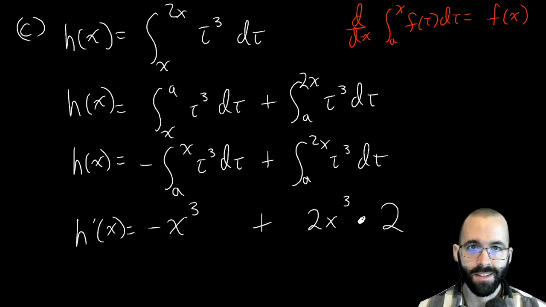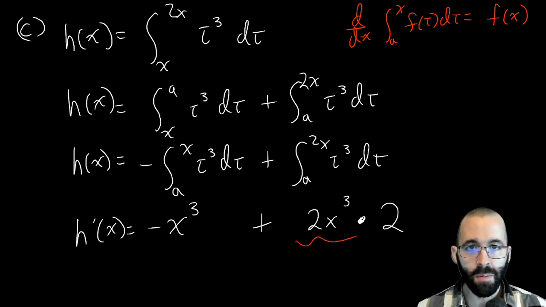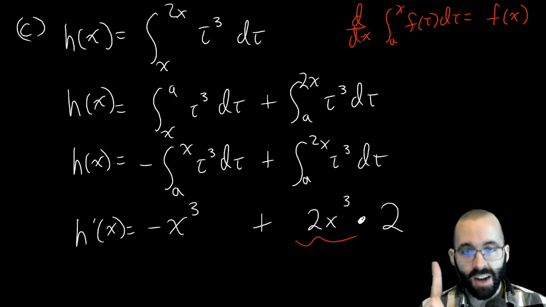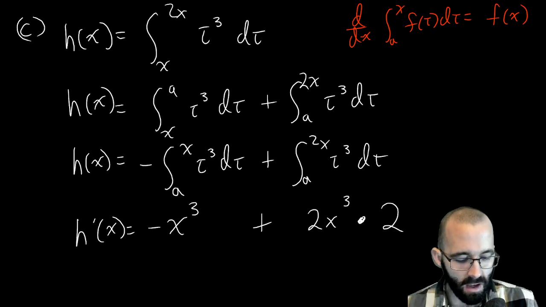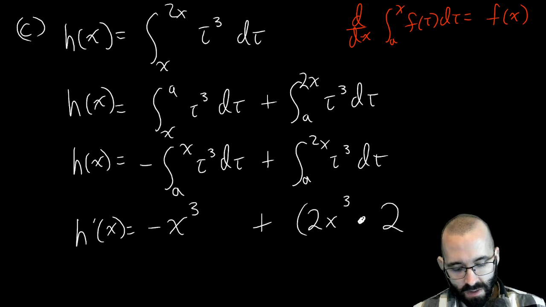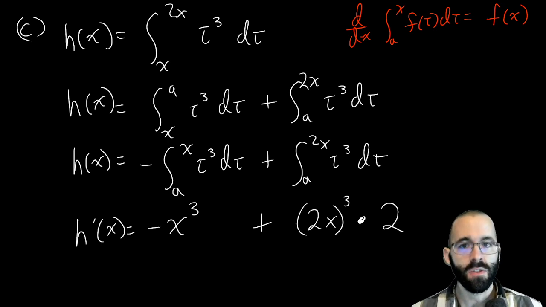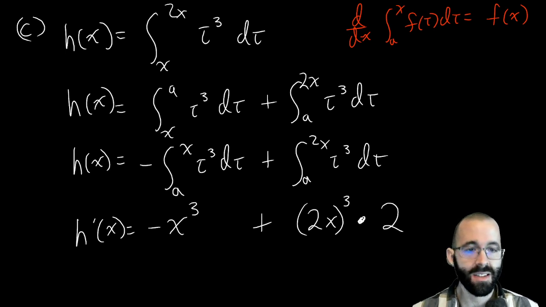Wrong. I made a mistake here. I'd recommend pausing the video, try to figure out if you can see the mistake I made here. We need to plug in the 2x for t, but t is getting cubed, so the whole 2x needs to be cubed here. And now we can just simplify and be done.